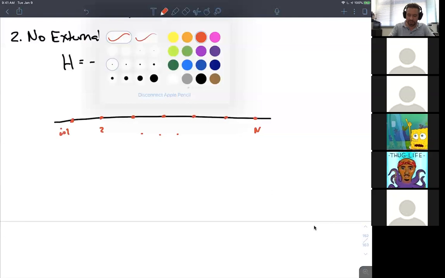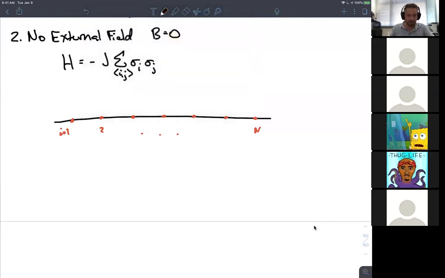In particular, we suggested that we were going to work with free end boundary conditions. So exactly the way that I've drawn it here. This is the first spin, and there's nothing to the left of it. And n is the last spin, and there's nothing to the right of it. So this is our system.